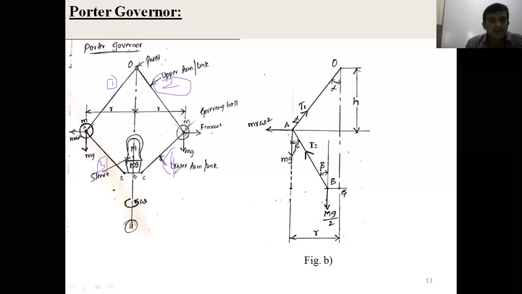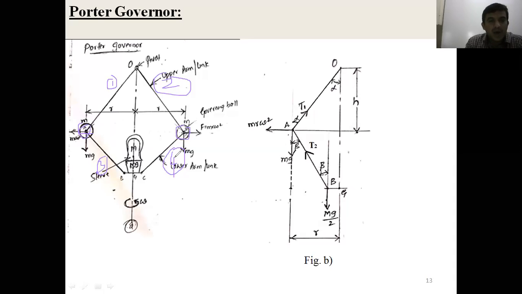Now it consists of 4 binary links, 2 upper arms. Those 2 upper arms are connected to where? One end of the upper arm is connected to the governor shaft axis, pivoted at point O. The other ends of the upper arms are connected to where? Connected to a governor ball, or we call it a mass, governor mass, ball mass.